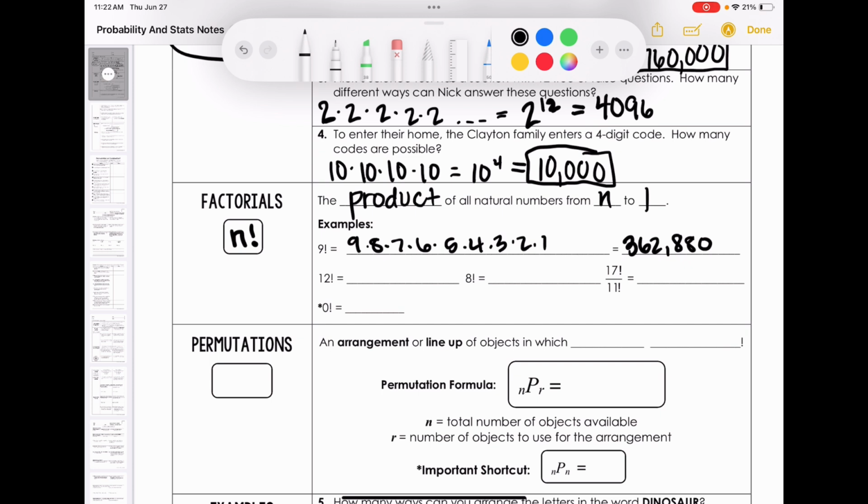All right, then I'm going to do 12 factorial in my calculator. And it's going to give me this big old number. 479,001,600. Then 8 factorial.